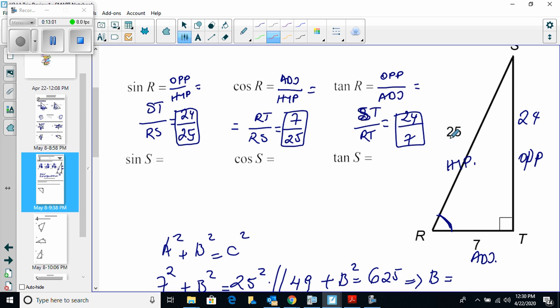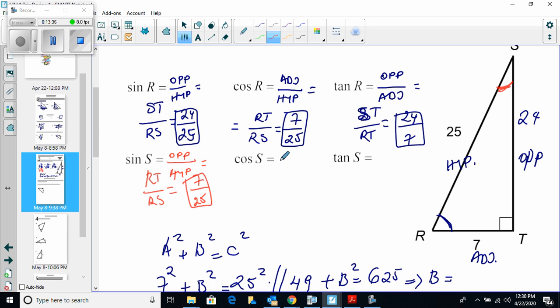For angle S, which is this angle here, we'll use the same logic. Sine of angle S will be opposite of angle S over hypotenuse. The opposite of angle S is RT, and the hypotenuse is always RS, so this will be 7 out of 25.